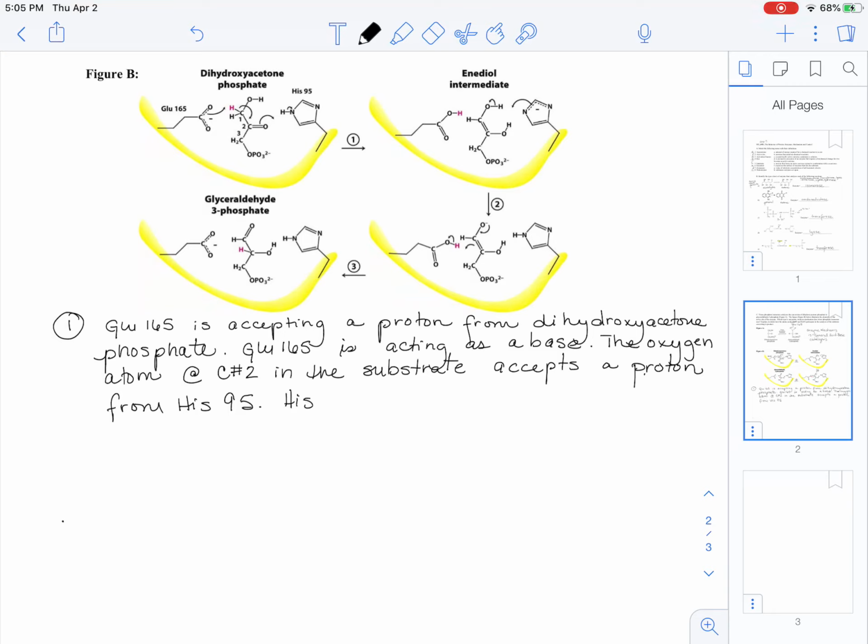So histidine 95 is acting as an acid. And that's pretty much what is happening in step 1.